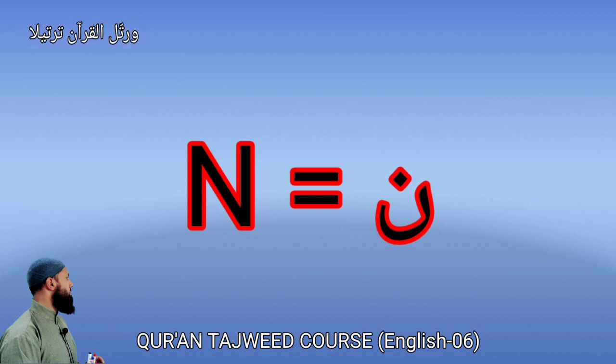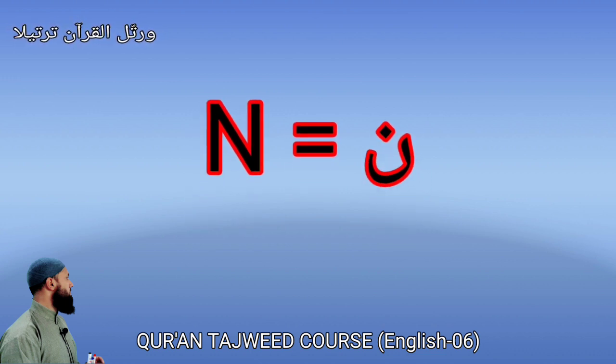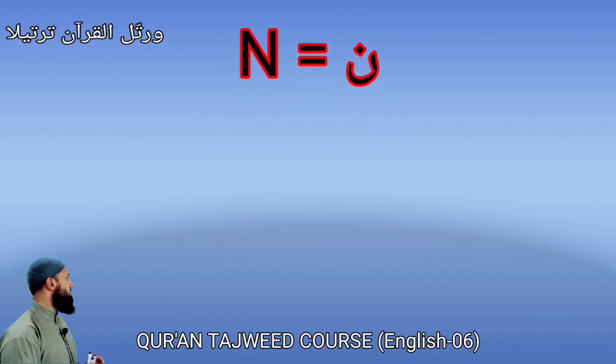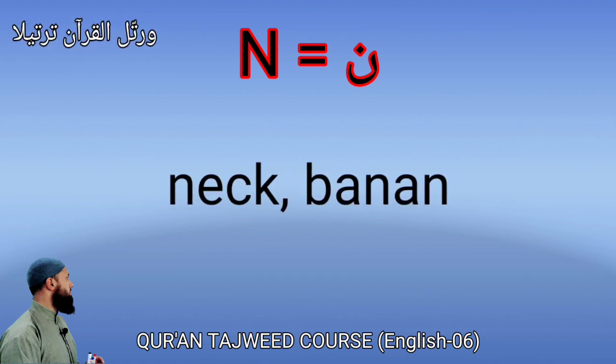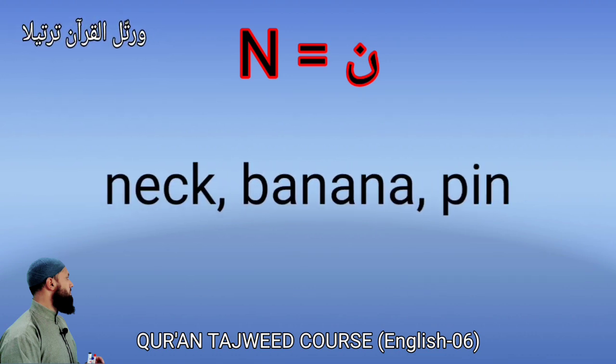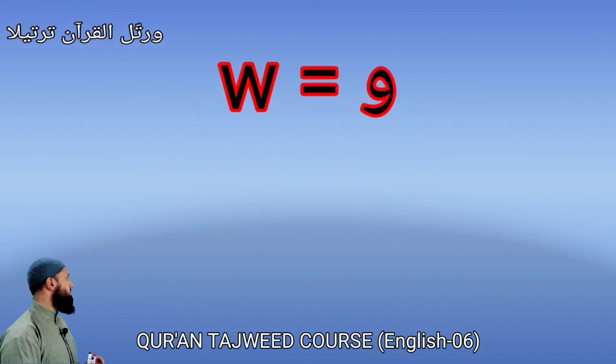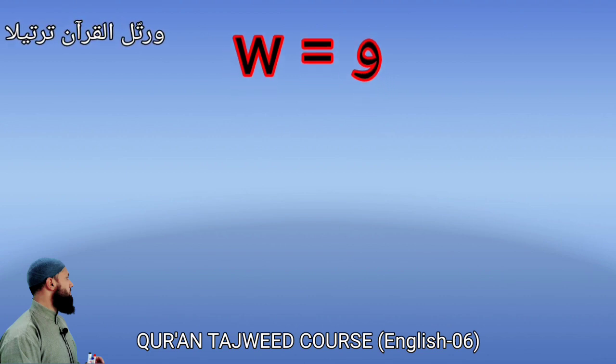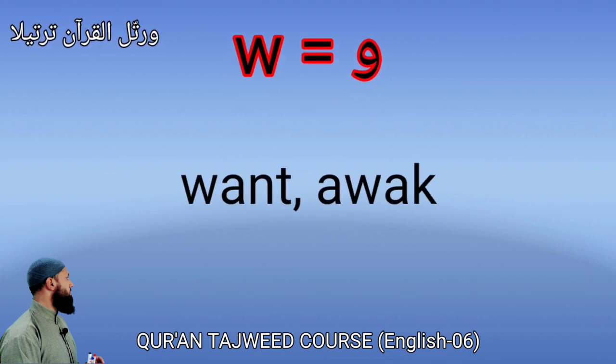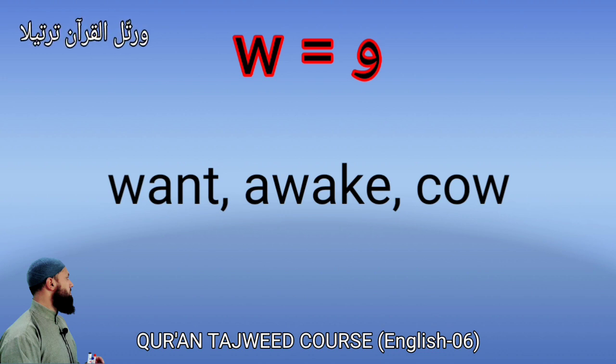Noon corresponds to the letter N in English, and it is articulated exactly the same way as the sound N in these English words: neck, banana, pin. Waw corresponds to the letter W in English, and it is articulated exactly the same way as the sound W in these English words: want, awake, cow.